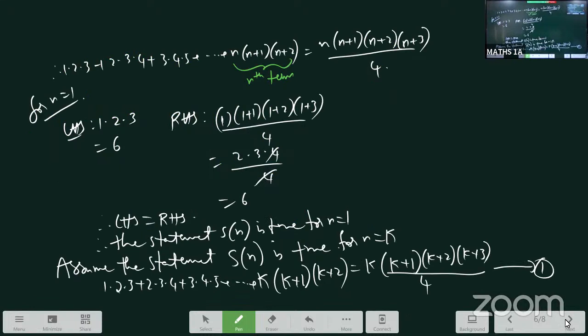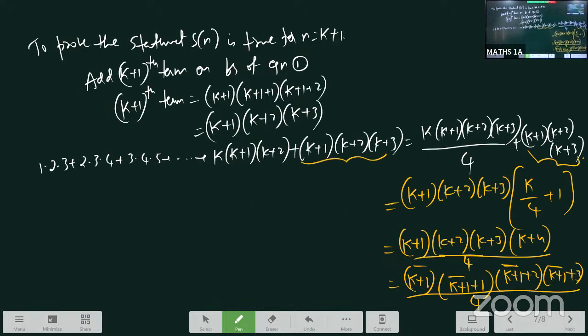Now next, for n equal to 1, LHS equals RHS. So the statement S of n is true for n equal to 1. Assume the statement S of n is true for n equal to k. And add k plus 1th term on both sides.